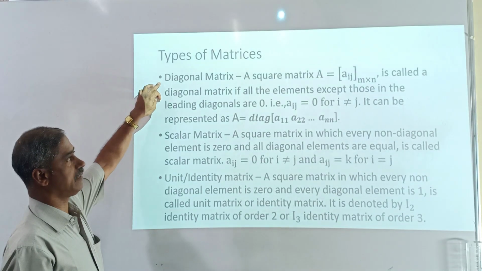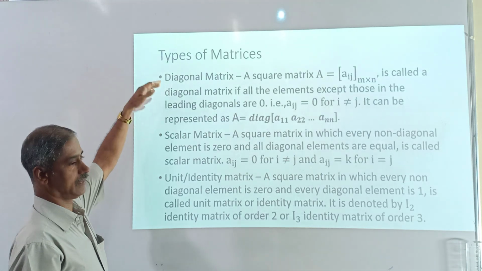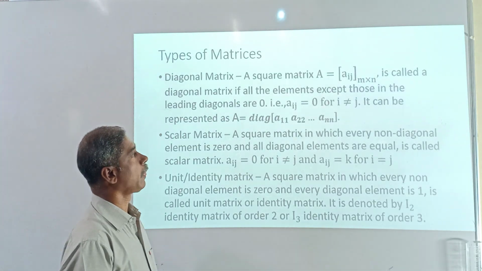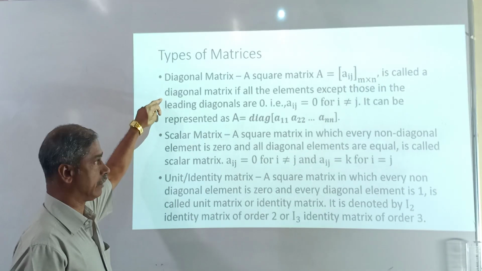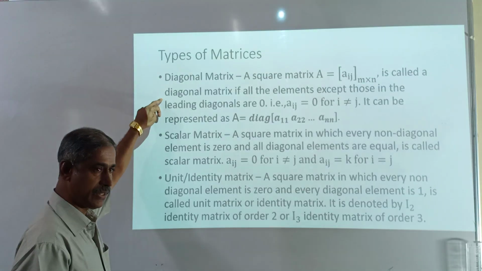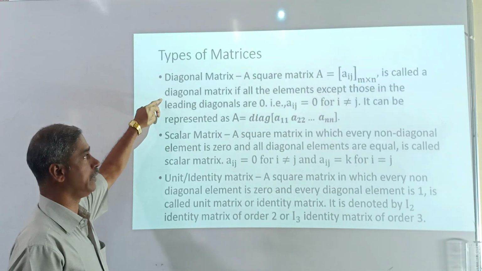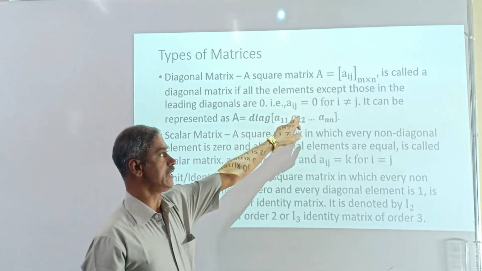Further to the types of matrices, we have a different type from the previous ones. A diagonal matrix is a square matrix where its leading diagonal elements should be non-zero elements, and all others should be zeros.